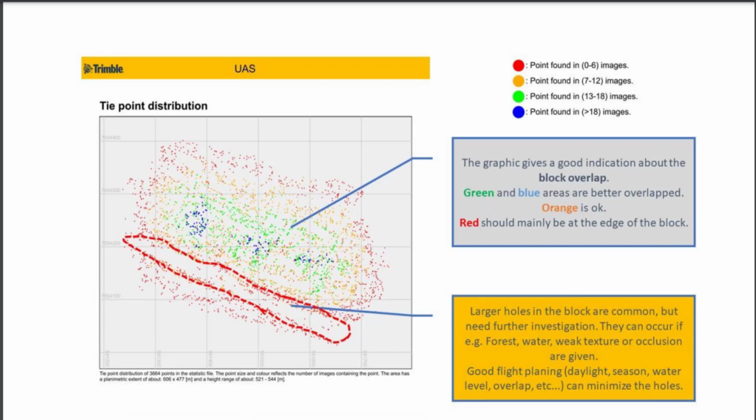Because the images overlap very strongly in UAV flights, and when you have an 80-80 overlap, for example, we tend to have points that are more than 16 times connected. This would be nice. So we have this graphic showing us in general for the whole block how well they are connected. And we have this legend.